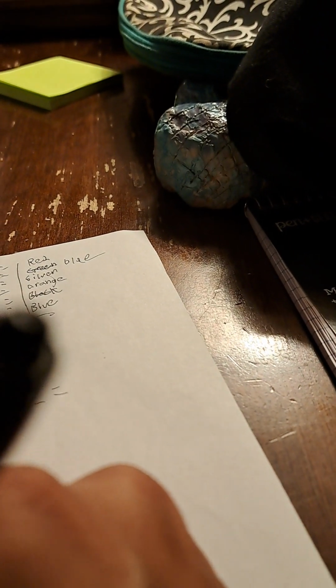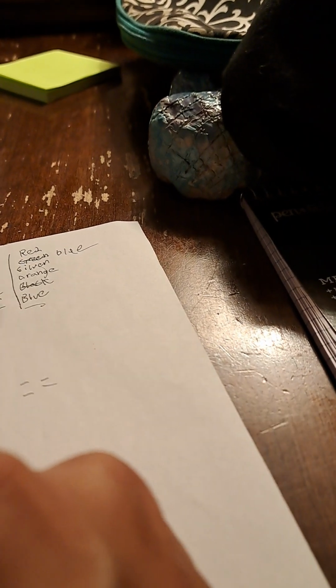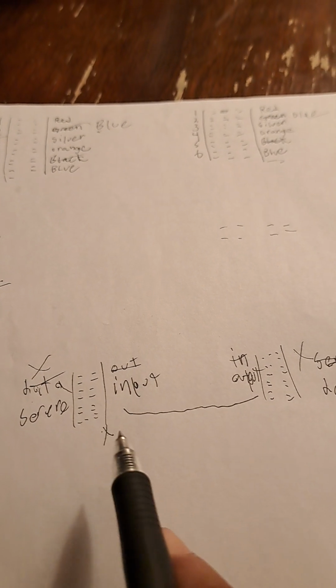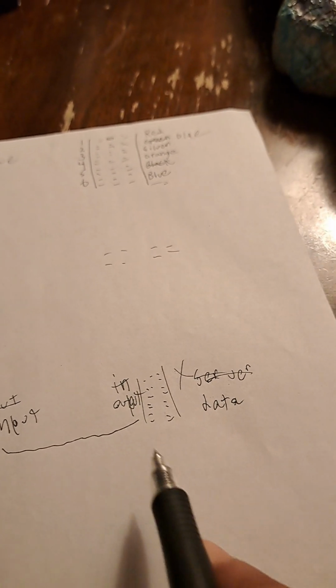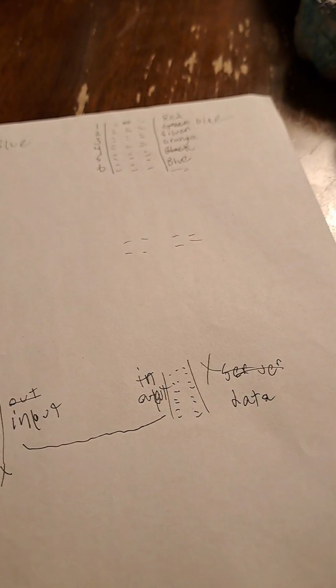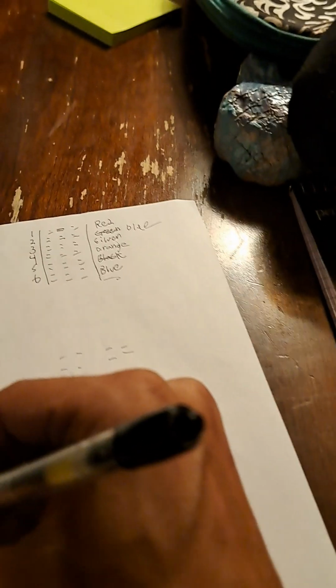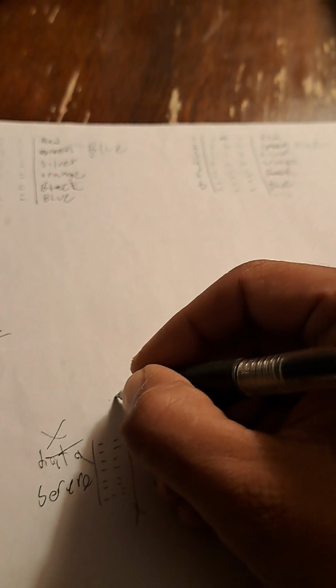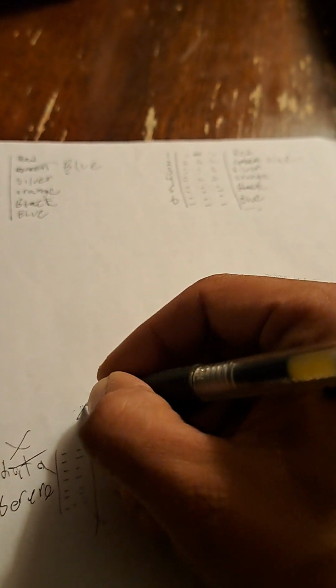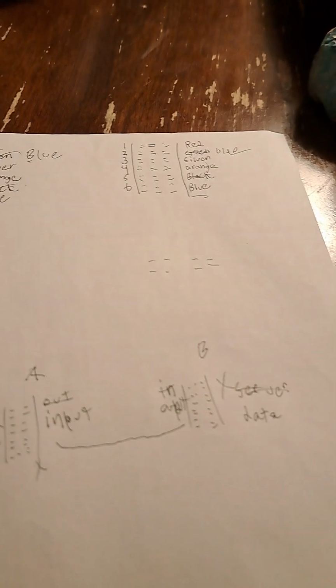So if you plucked from this side, then you punch down here, and if you plucked from this side, then you re-punch down here, okay? Essentially all you're doing is mimicking what you plucked from point A to point B, just remaking the connection between A and B. That's it.